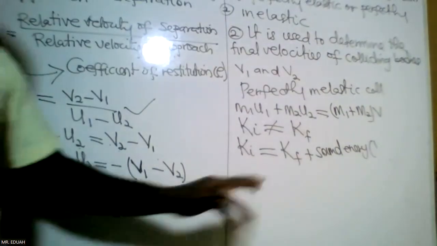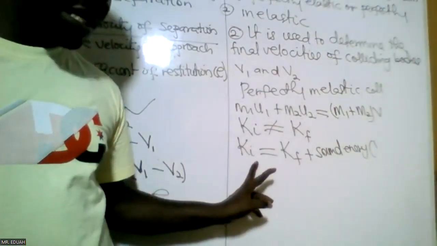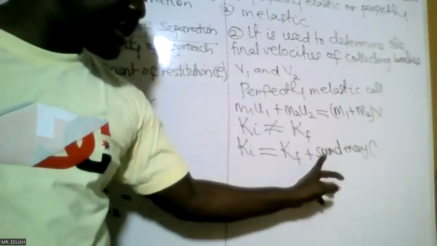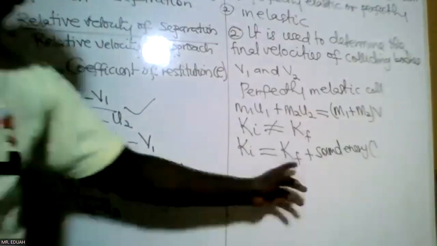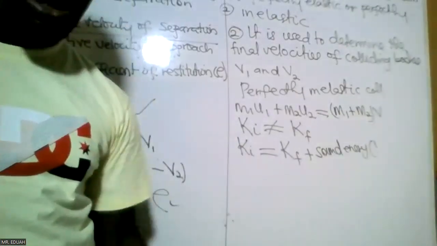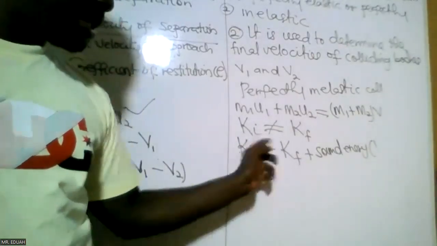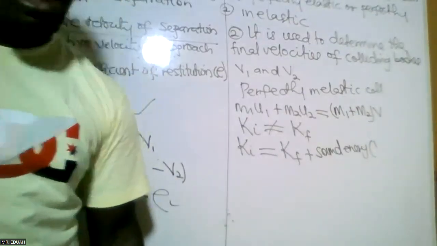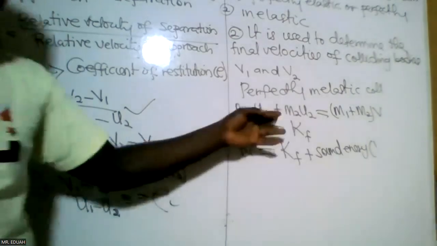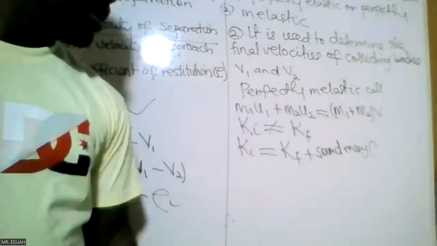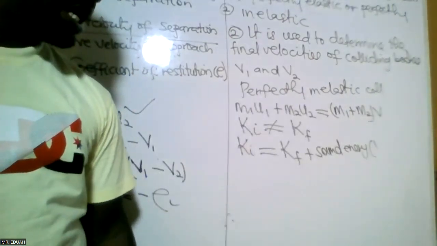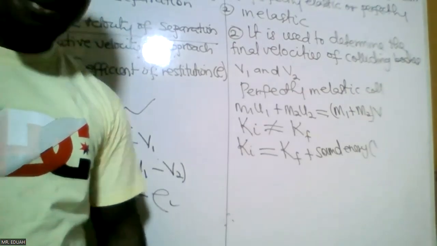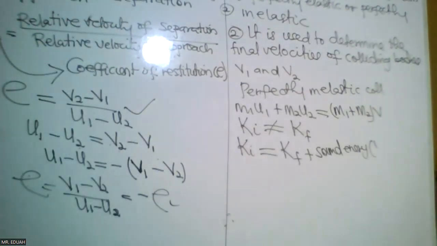So part of the initial kinetic energy is converted to other forms of energy. And so the final is always less than the initial, or the initial is less than the final, depending on the kind of system we have. So this is the equation for perfectly inelastic collision.